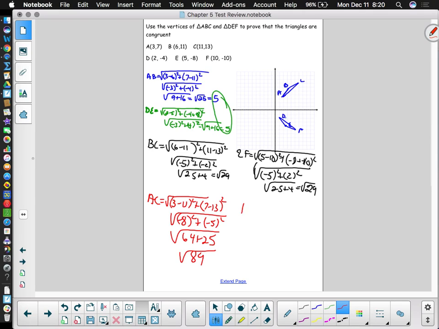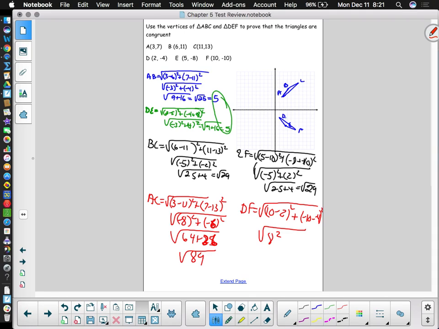And do the same thing for DF. DF is 2 minus 10, or I'm going to do it backwards, make it nice positive numbers, 10 minus 2 squared plus negative 10 minus negative 4 squared. So that's going to be 8 squared. I'm sorry. That's a 6, so this would be 36. 7 minus 13, I can add and subtract this morning.